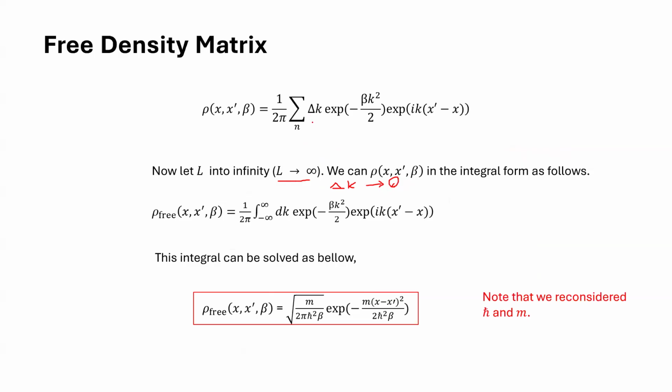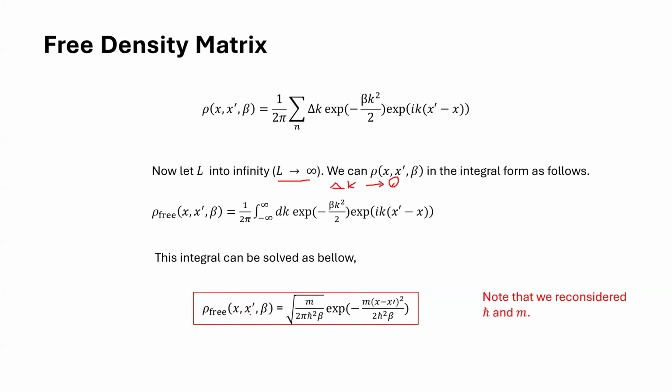Here it is a discrete problem, but if delta k goes to 0, it becomes a continuous problem. So rather than writing this as a summation, we can rewrite it in integral form. We integrate from negative infinity to positive infinity with respect to dk, and we get this formula for a free particle.